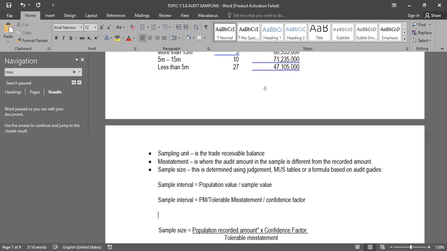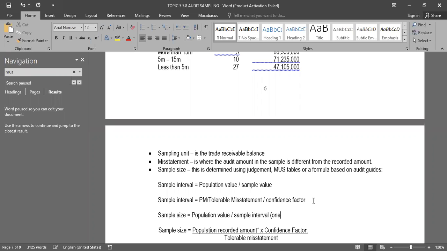From the first equation, sample size is given by the population value divided by sample interval. You can all see that from equation 1.